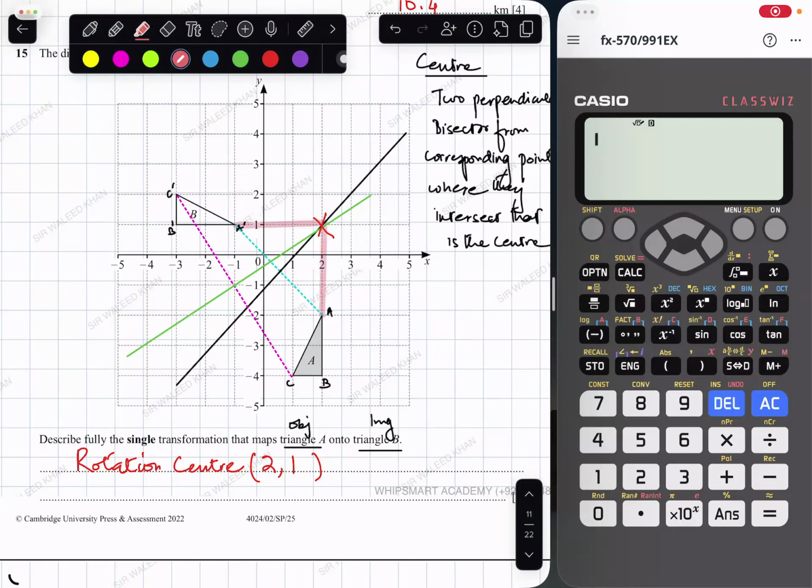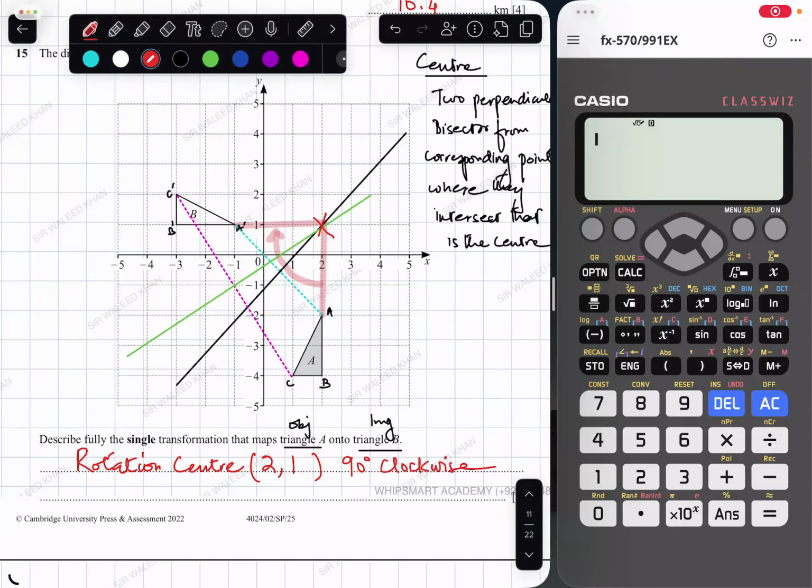That's the object, that's the image. To move from objects towards the image, you can see the angle is 90 degrees. And what is the direction? Is it clockwise or anti-clockwise? Clockwise. So 90 degrees clockwise. That's it.